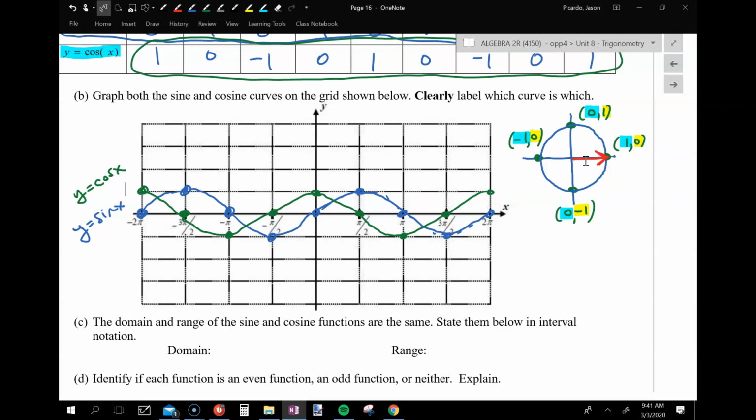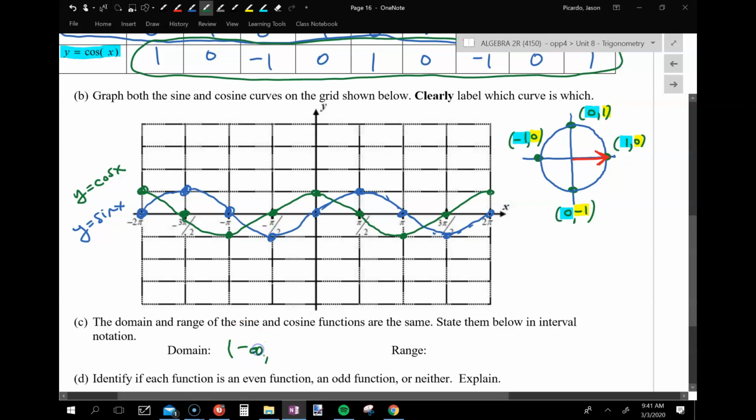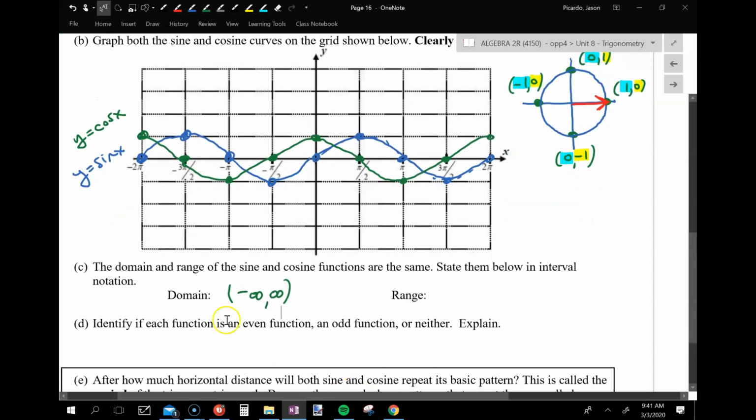I could just keep asking, couldn't I? Because I can keep going around and around my circle, right? Is there any limit to the number of times I can go around my circle? No. So the domain is all real numbers.